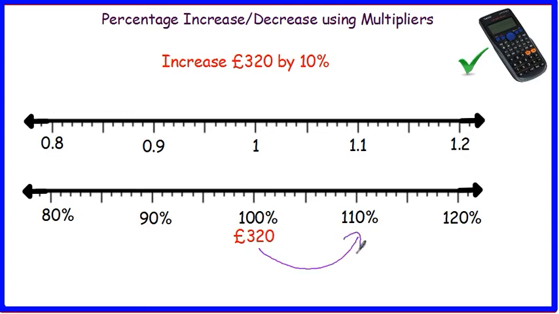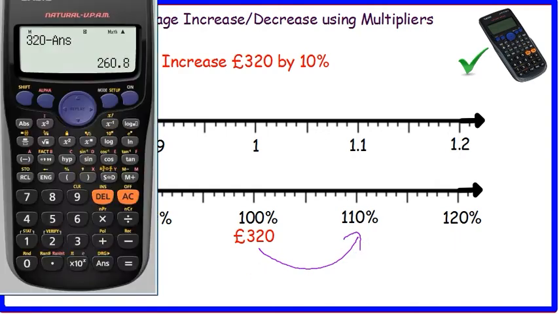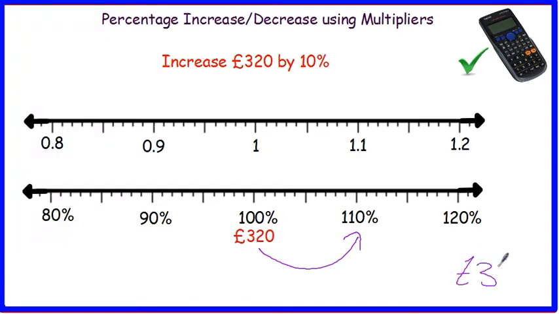Previously, what we were doing was getting 10% of £320, which of course is £32, and then adding it on to get £352. So the answer is £352.